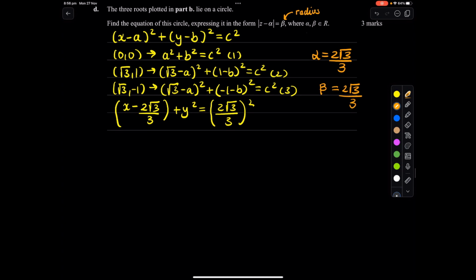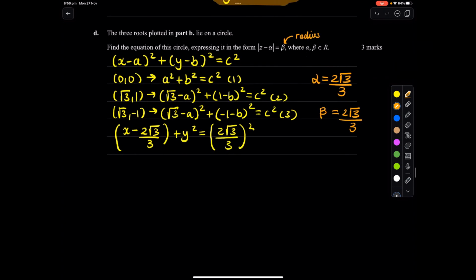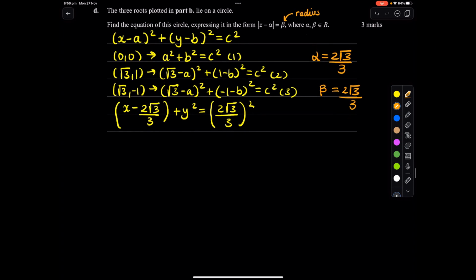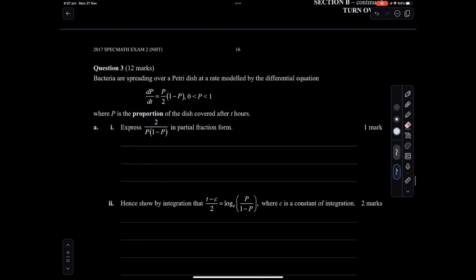Those are your answers. Oh, I need to express it in that form. So your final answer is z minus 2 root 3 over 3 is equal to 2 root 3 over 3. That's your answer. Great.